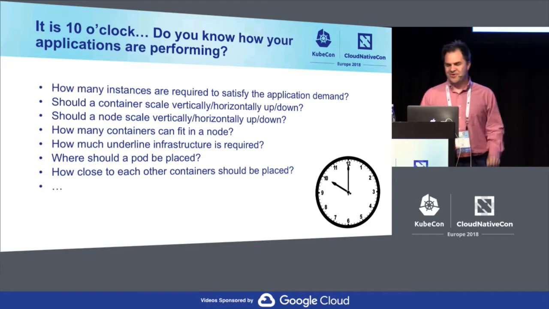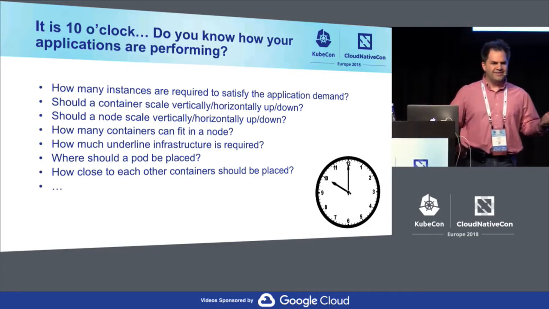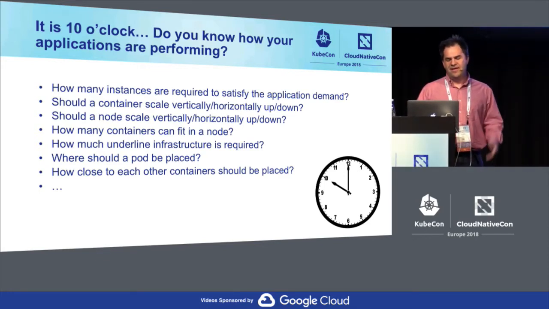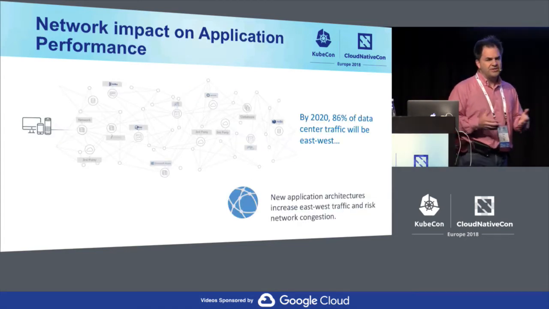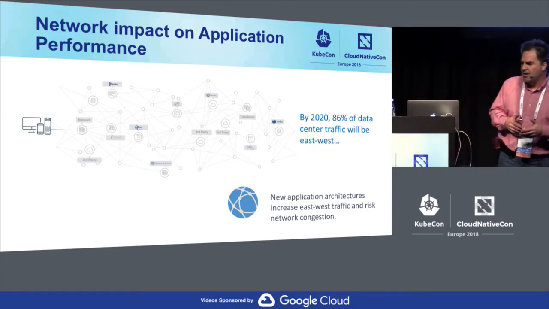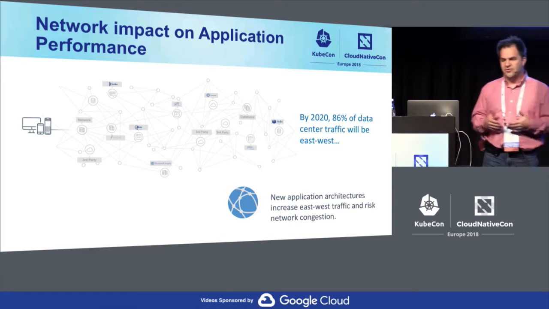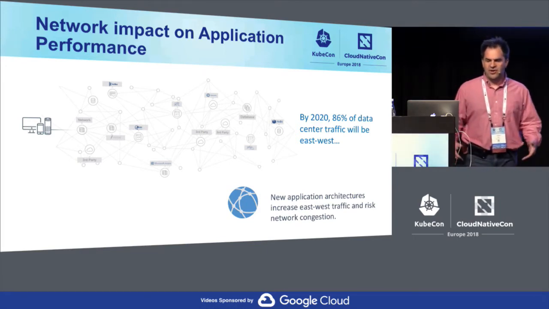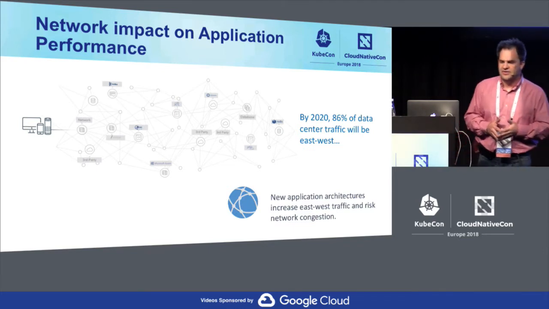So a number of really exciting challenges, and fairly complicated at scale, especially if you want to answer this question continuously and actually do something about it. Just to illustrate the scale, some predictions are that east-west traffic is going to be a significant majority of what runs in your data center over the next couple of years. And of course, this depends on your specific business and your specific application.